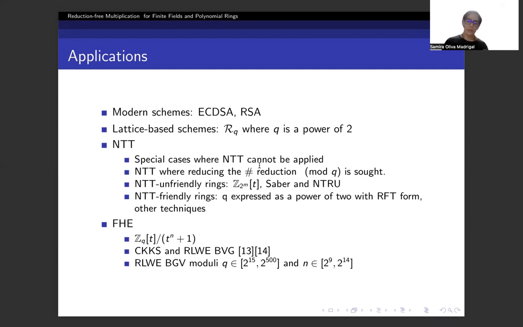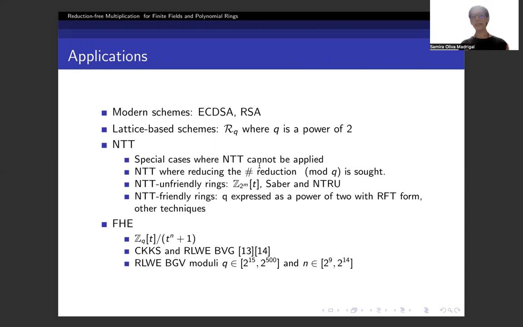It's applicable to cases where NTT is ring friendly, and even cases where it's unfriendly, we would apply it, because NTT is not always applicable, for example in the case of compression, using compression with Saber. And even in the general case, whenever we can express Q in a form where we can apply RFT in GF2 to the N, we can get rid of reduction completely in the NTT.